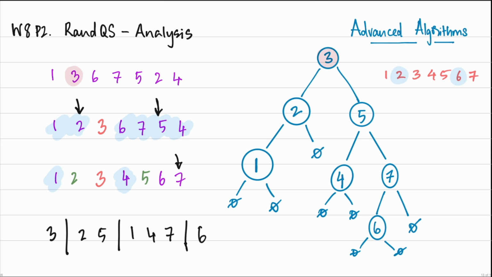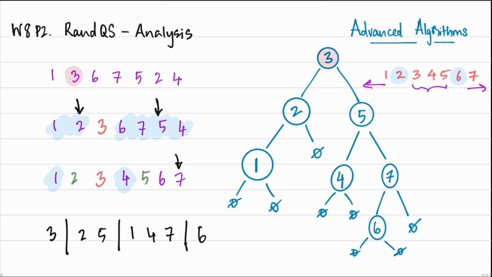In fact, 2 and 6 are going to have an ancestor-descendant relationship in this tree. And the reason 6 is still available for comparison when 2 is chosen as a pivot is because they really had no chance of a separation. All the pivots that have been chosen so far are either smaller than 2 or bigger than 6. So they're still stuck in the same sub-instance.